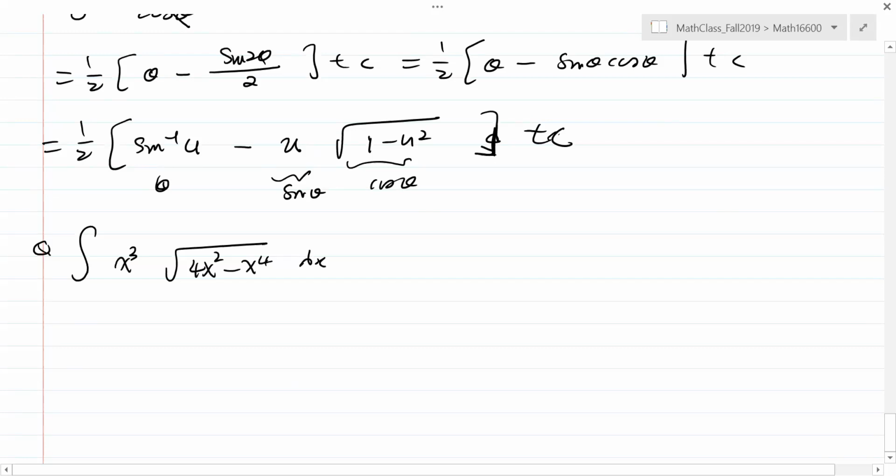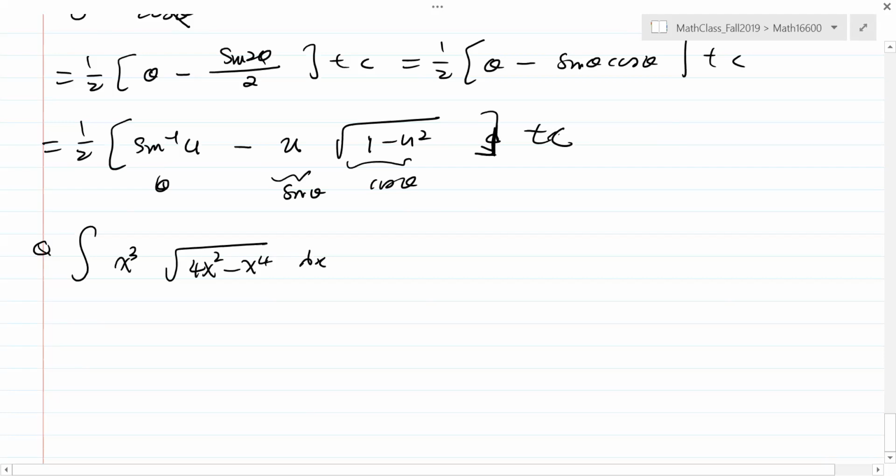You can eventually solve it using all the methods you learned. But I want to try to use a formula in the back of the book. So let's simplify to a certain level.